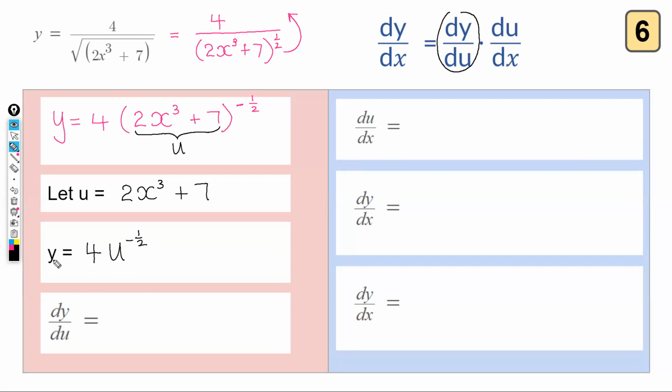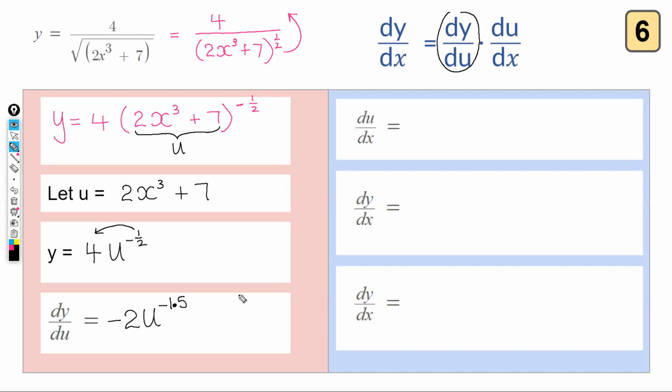We have to differentiate the y and u expression. So we throw this power in front. The minus half gets multiplied by 4. 4 multiplied by minus a half is minus 2. And we minus 1 from this power. So you get minus 1.5.